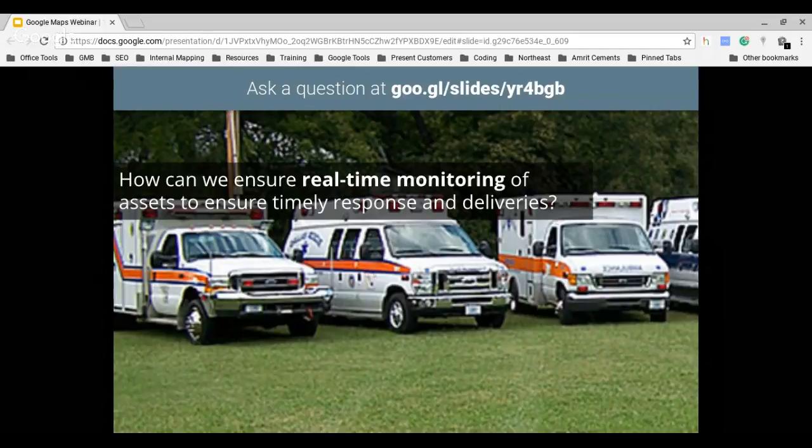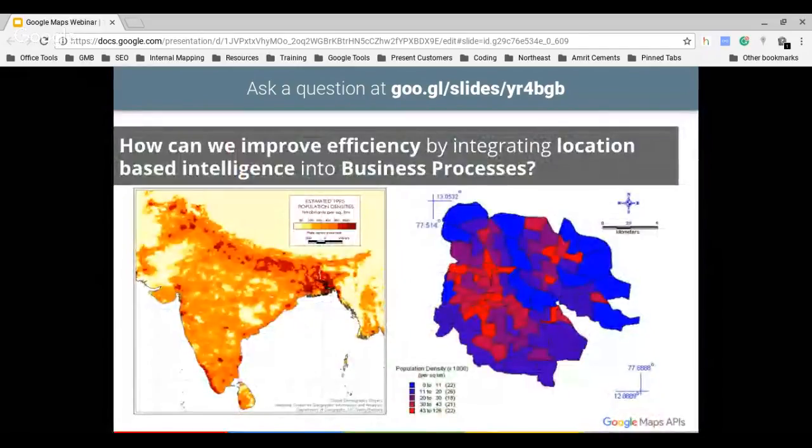So about people it's okay, but if you want to track trucks or assets, this is an important use case where we can understand where our ambulances are, how to optimize their routes so that they reach and deliver their services in the minimum possible time. If we are into the net meds or medicine industry, medicine delivery or supplement delivery industry, how can we reach our customers faster and make our operations more efficient, right? So these were a few use cases in the asset tracking and consumer space.